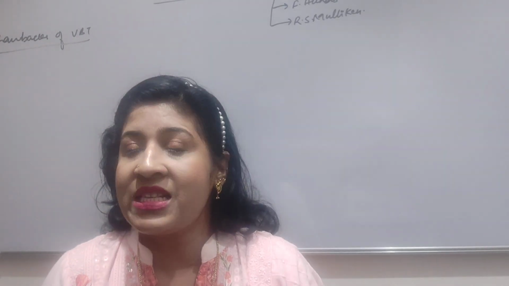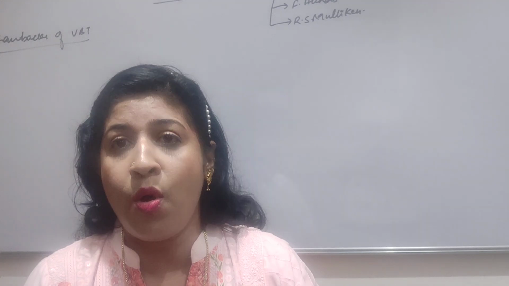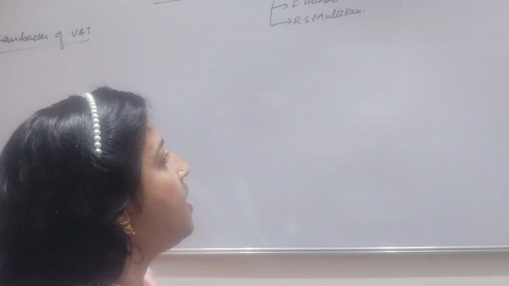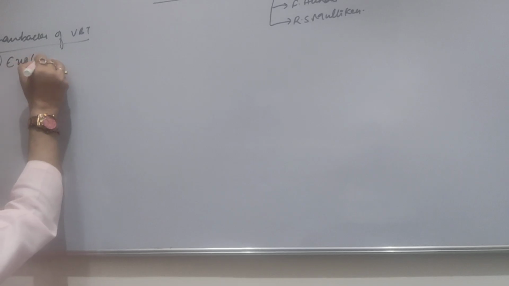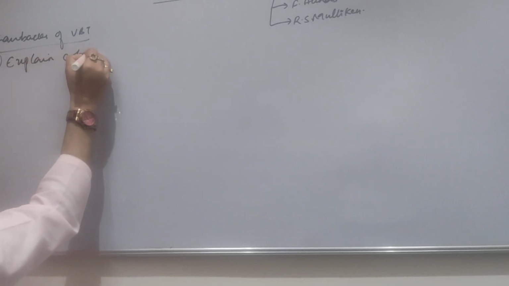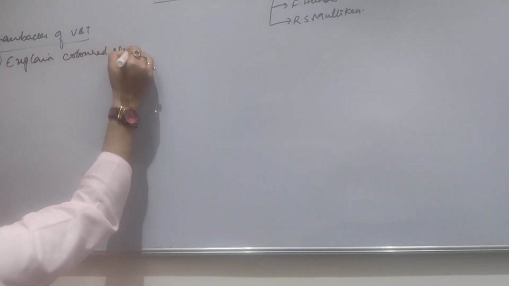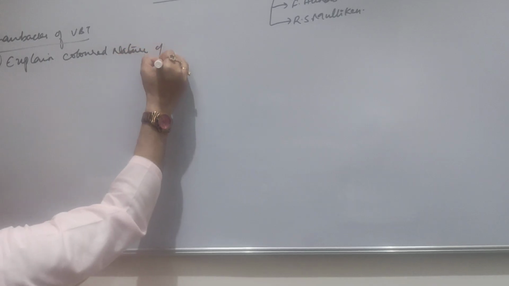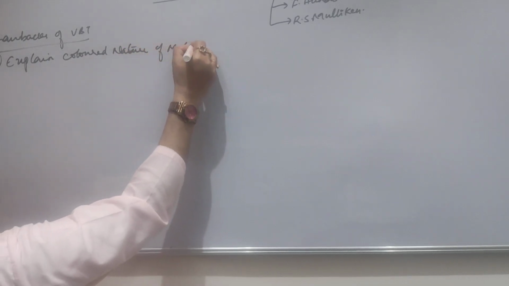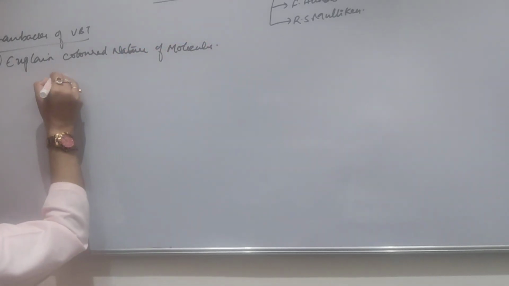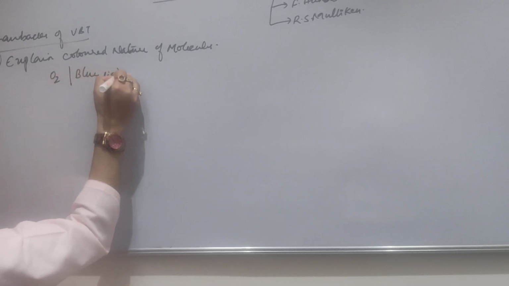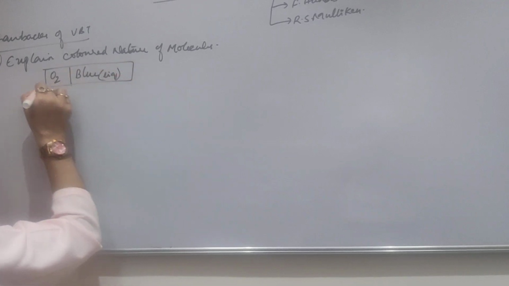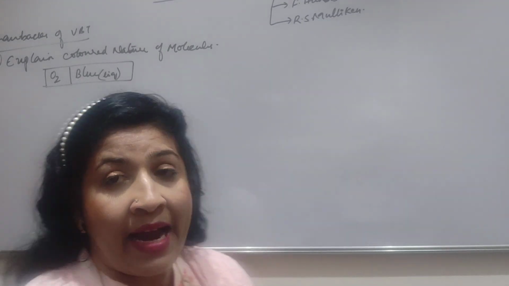So the first drawback is that it failed to explain the colored nature of molecules. That is, it couldn't explain why oxygen is blue in color when it is in liquid form.